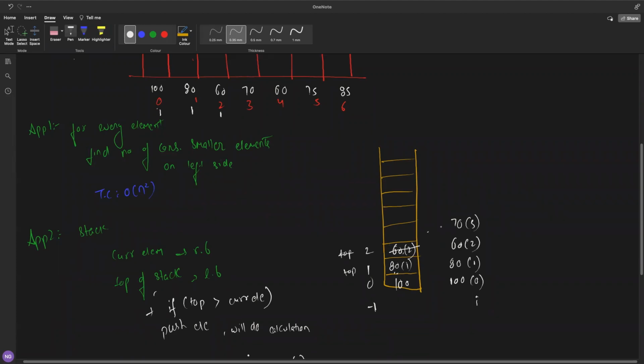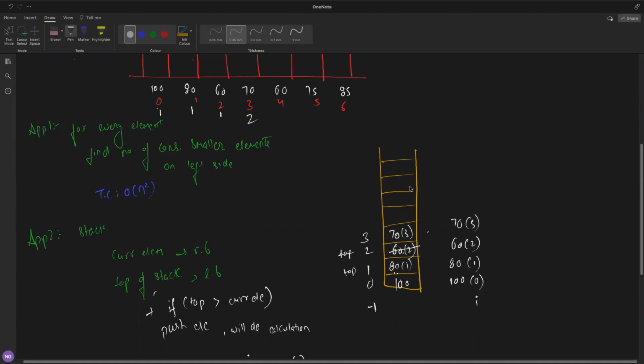So when we do the index calculation, 3 minus 1 is 2. So 70 can be pushed with index 3, top is 3, and the index calculation gives me 2, I minus top. Am I clear?